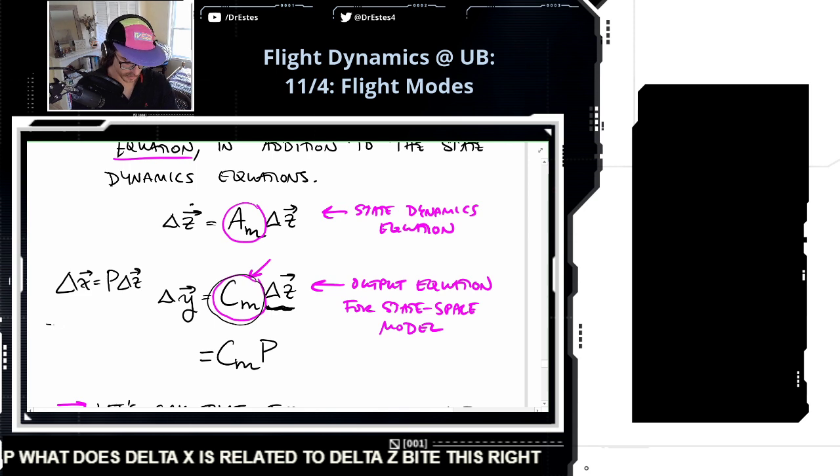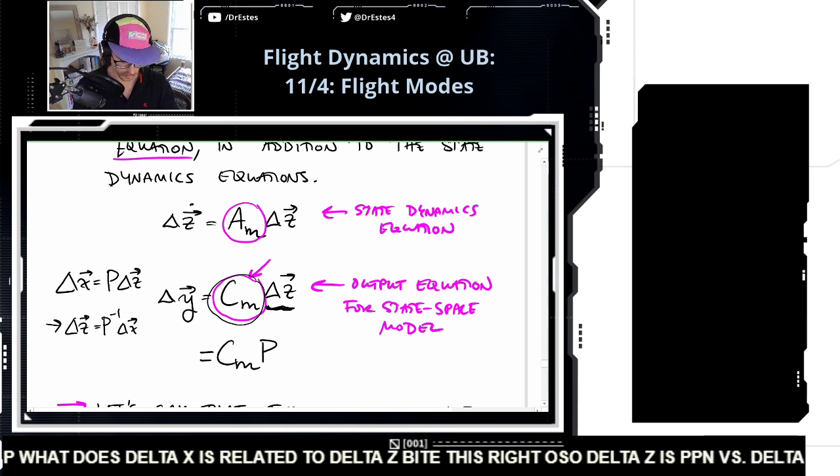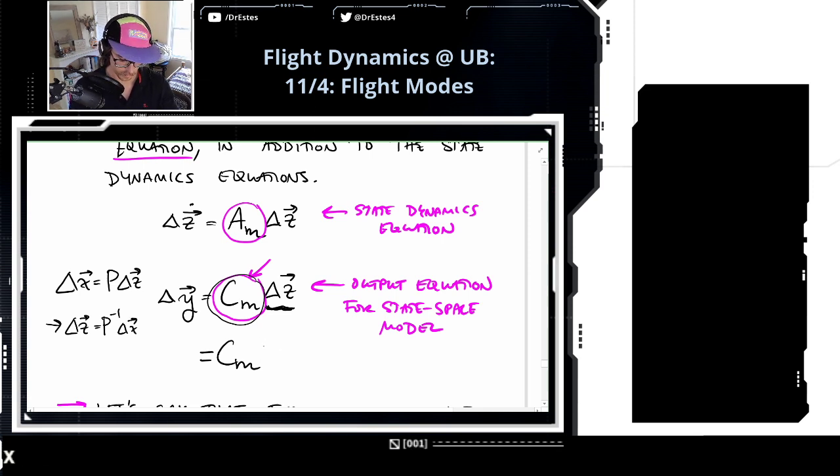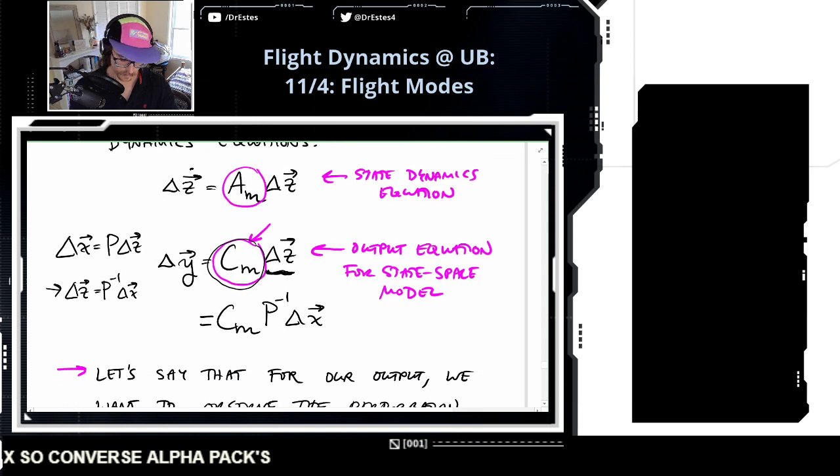Oh, so delta Z is P inverse delta X. So P inverse delta X. And this would be C delta X.